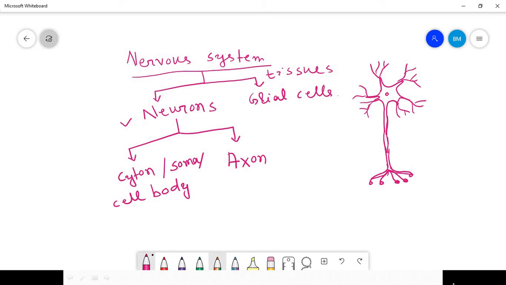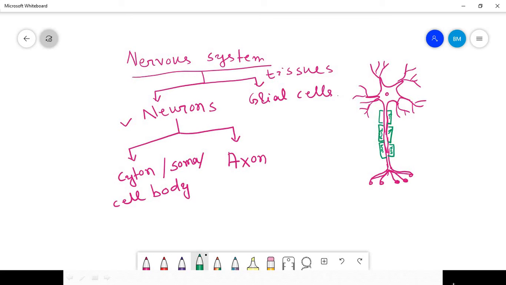And I'm changing the color here. These are the glial cells or myelin sheath, which is embedded upon the axons.